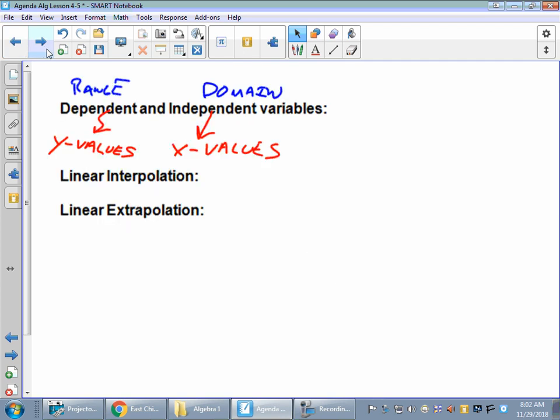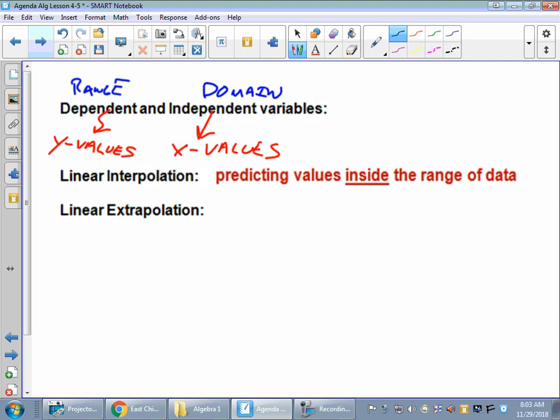Some terms here, interpolation. What does that mean? That means we can predict values inside the range of data. So let's just give us a little table as well. So we talked about how we've got two axes, and down here, your X, that's going to be your independent variable, right? And up here is your Y, which is going to be your dependent.